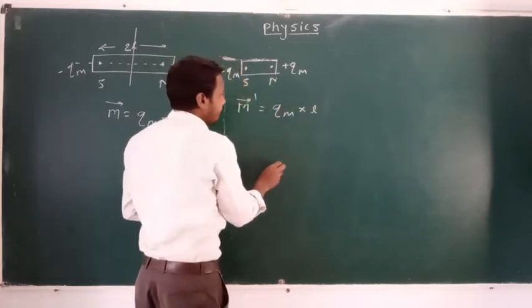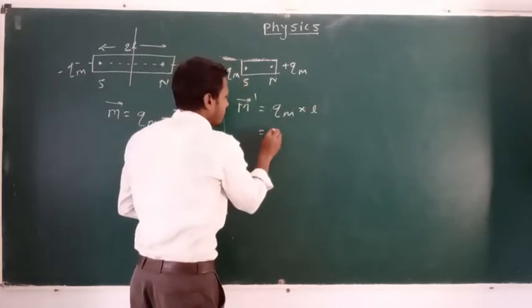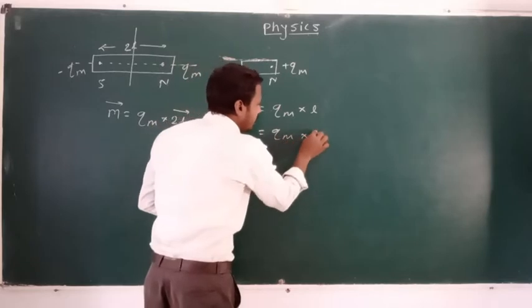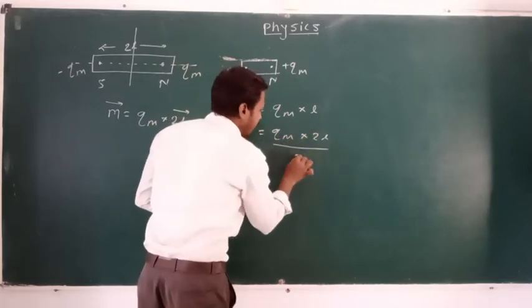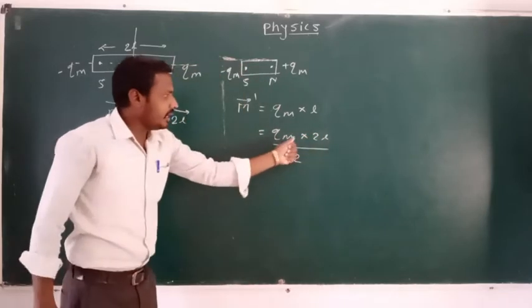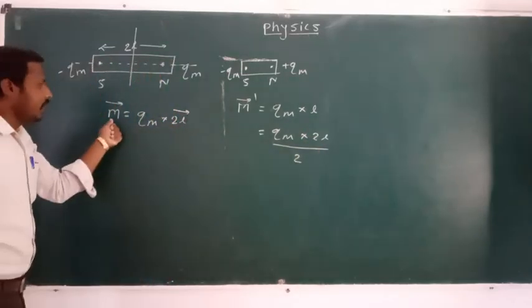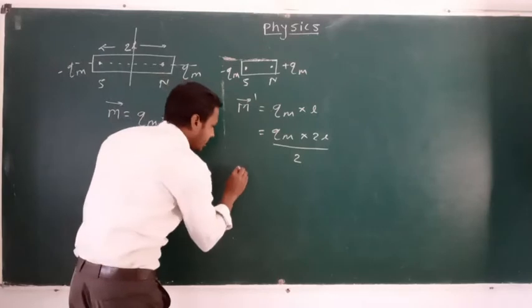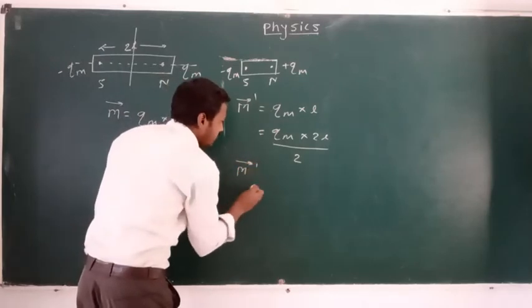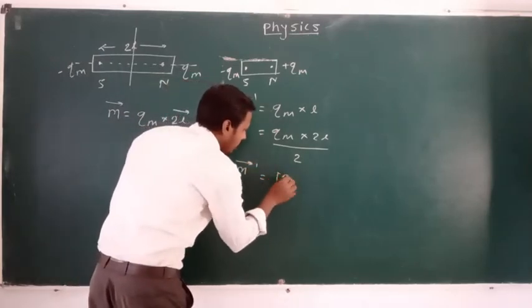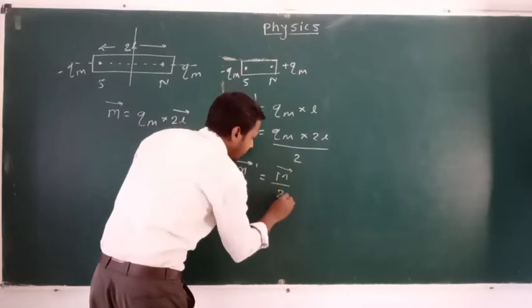Then we can write it is equal to qm multiplied by 2l divided by 2, but qm multiplied by 2l is nothing but m bar. Then finally we can write m bar dash is equal to m bar divided by 2.